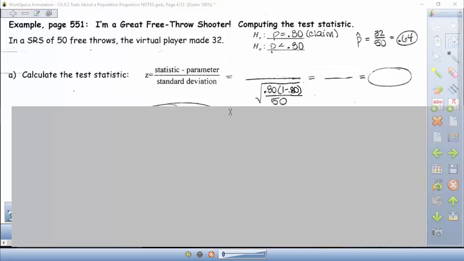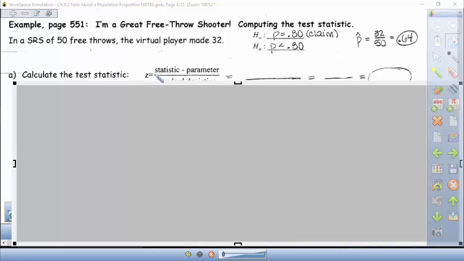All right. So here's what we're going to do. We're going to have our statistic minus our parameter. Our statistic is your p hat. It is the sample. Remember, sample goes with statistic, right? Parameter is just your plain old p. Parameter goes with whole population. So what was my statistic in this case?